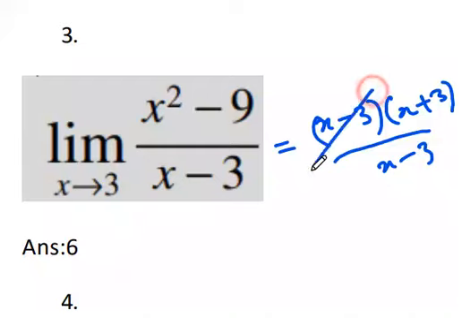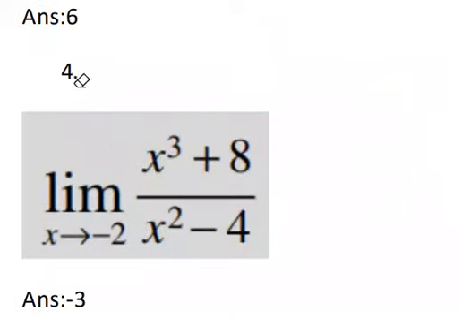So you can cross this off, because x approaches 3, it does not attain 3. x does not get the value 3, right? So we can cross this off. Now we are left with this linear function, x plus 3, which is a nice continuous function. Then the limit as x approaches 3 is 3 plus 3, which is 6.